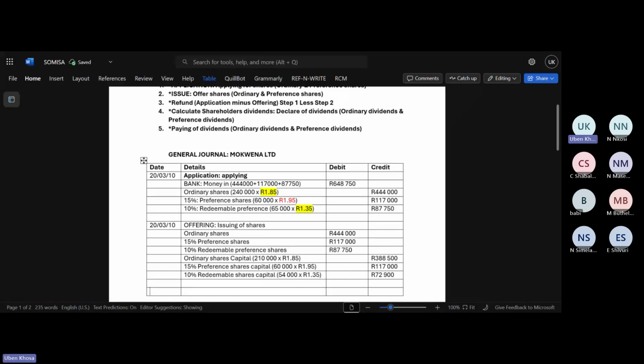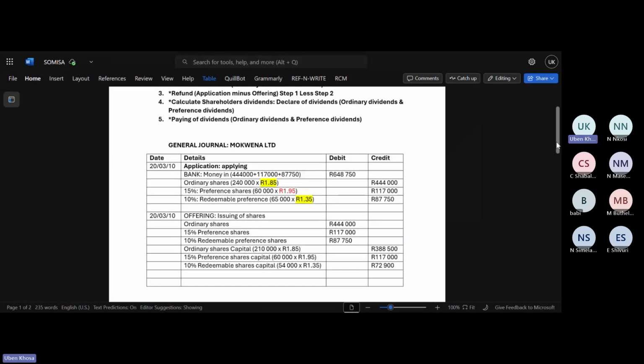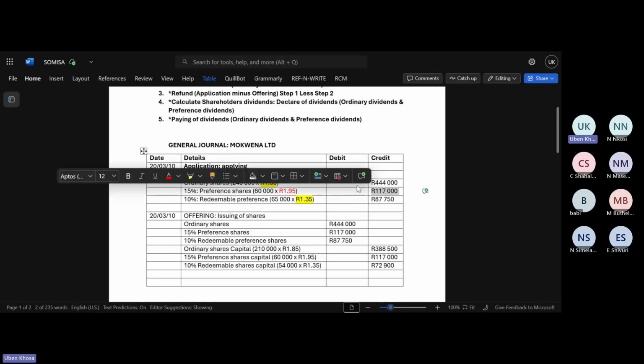Before we go further, when we check our ordinary shares here, they applied for 444,000, but we only issued to the value of 388,500. Meaning we must refund them the difference. For preference shares, they applied to the value of 117,000 rand. We issued to the value of 117,000.